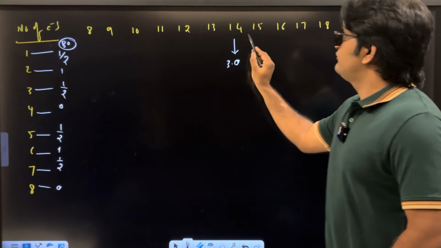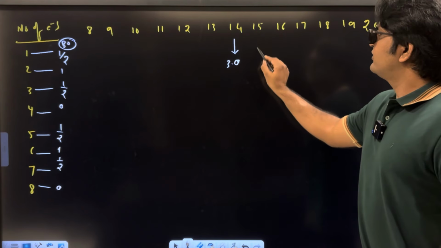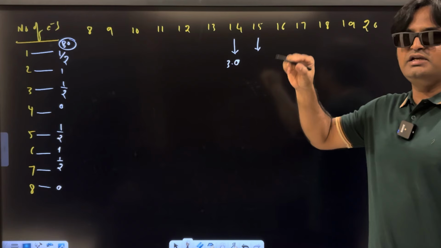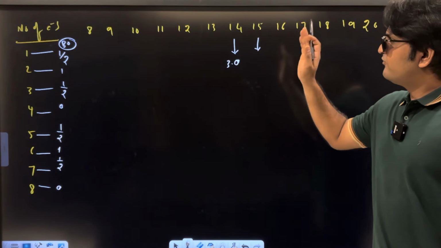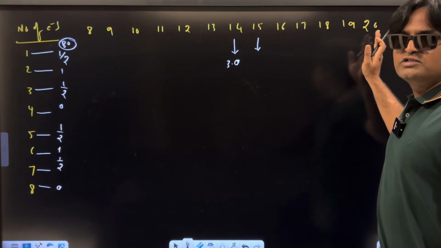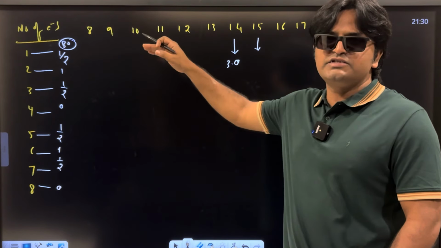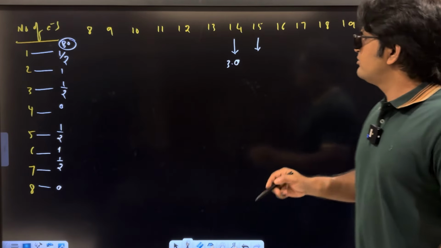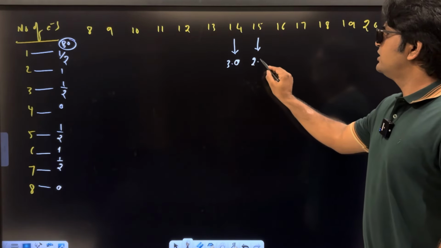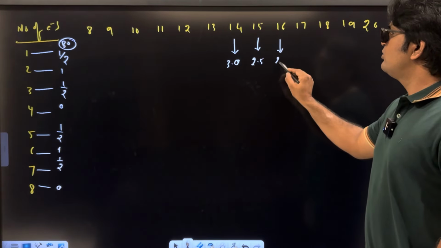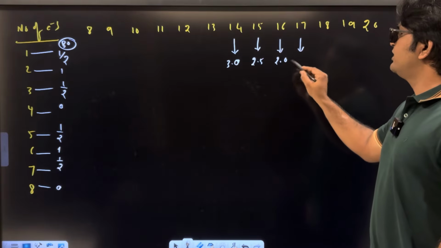Next, moving towards the right side, for 15 electrons just decrease by 0.5. From 14, whether you move to the right or to the left, just decrease the bond order by 0.5. So 2.5, then 2.0, again decrease 0.5.